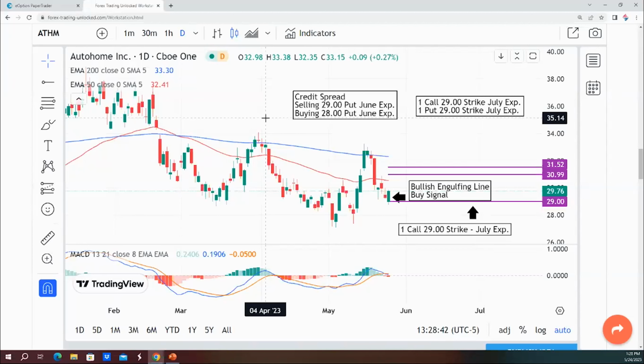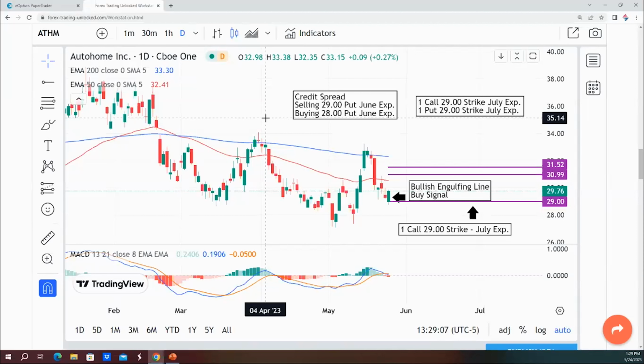And if it goes below $28, well, you're locked in. You can't lose any more than the difference between, once again, the credit you took in and the amount of money between those two strike prices. So you have a $1 gap, which is $100 of risk for the option.